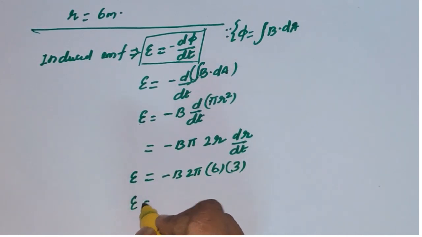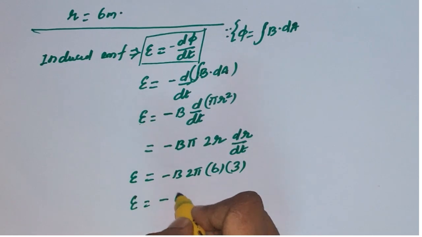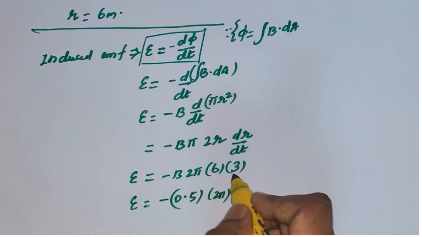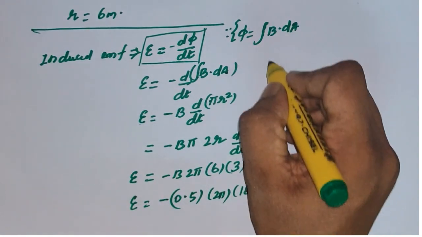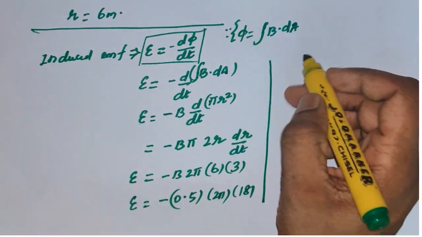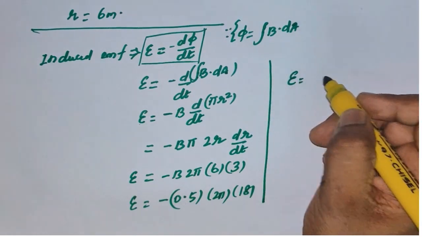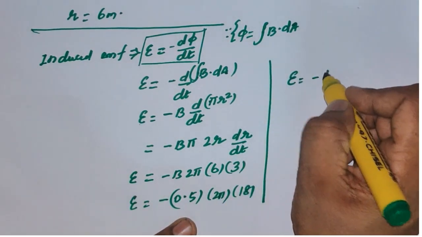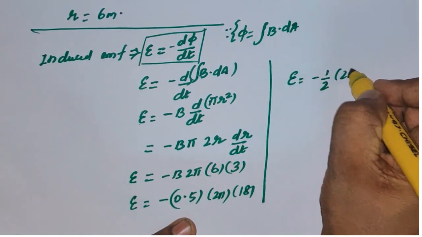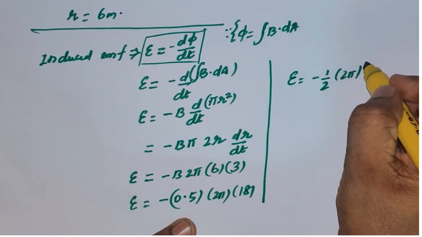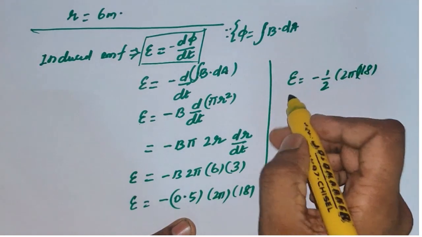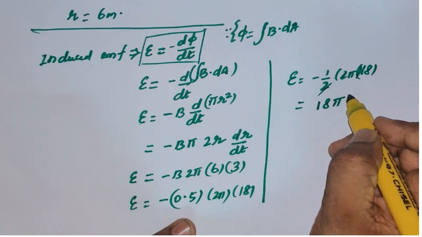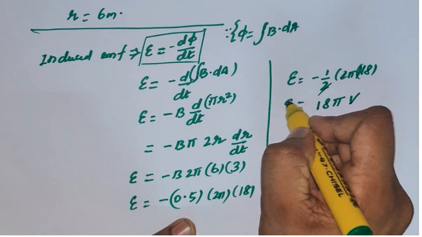So the induced EMF is equal to minus 0.5 times 2 pi times 3 times 6, which is 18. Writing 0.5 as 1 by 2, the 1 by 2 cancels with the 2, so the magnitude is 18 pi volt.